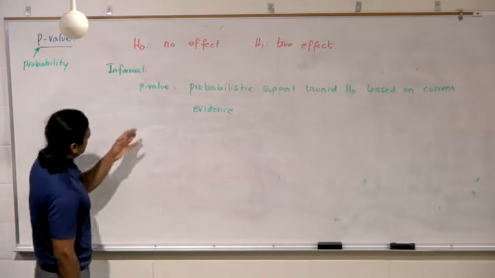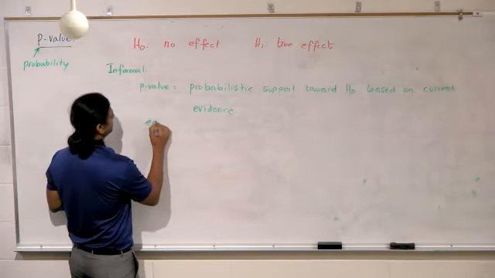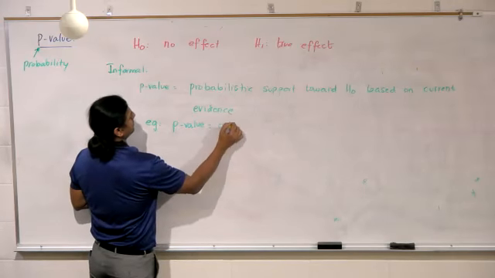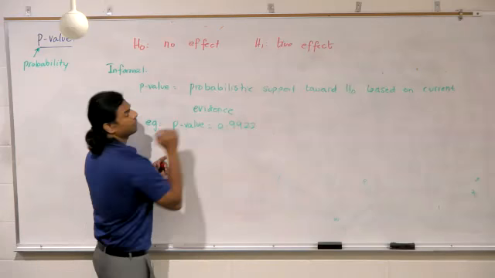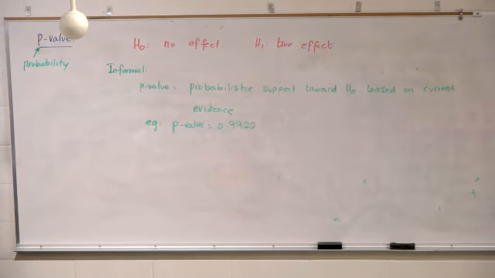So if this probability is, say, as an example, .9922, would you reject the null?